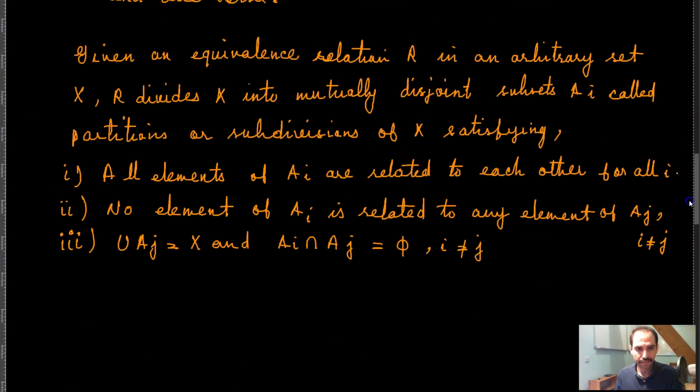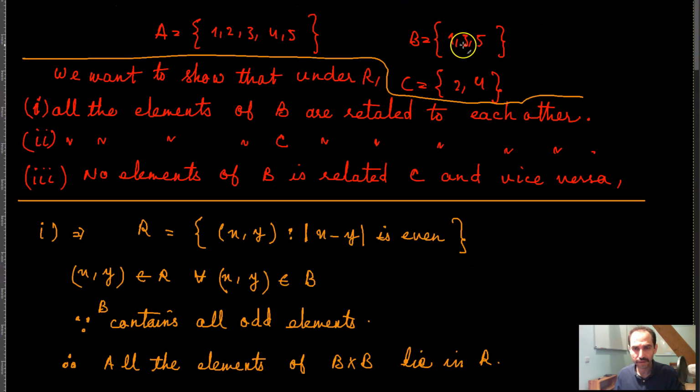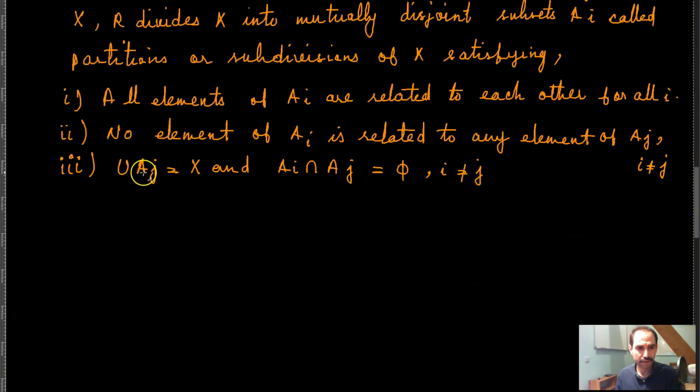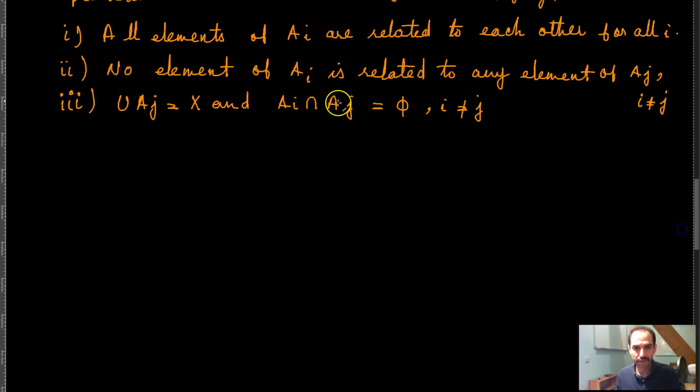Moreover, we said that no element of A of I is related to any element of A of J when I is not equal to J. Meaning that no element of B was related to any of the elements of C and vice versa, right? And moreover, the union of A of J is equal to X, meaning that in this case B union C is of course equal to A. And also B intersection C is equal to the null set, because they have nothing in common. And that's basically what we see here.